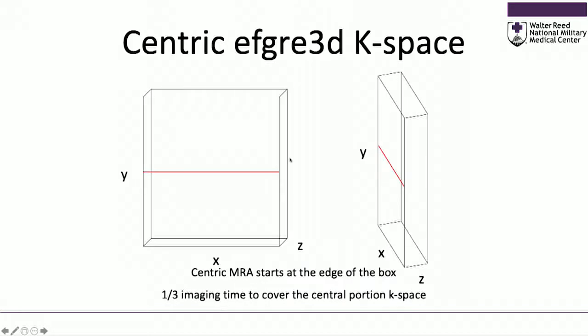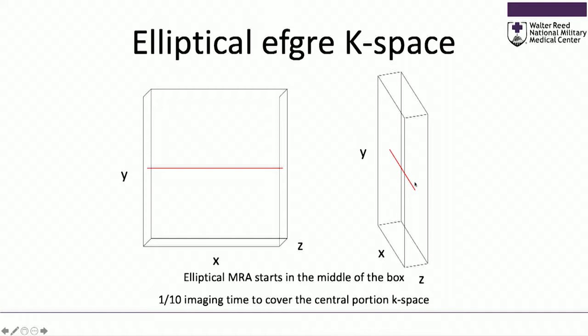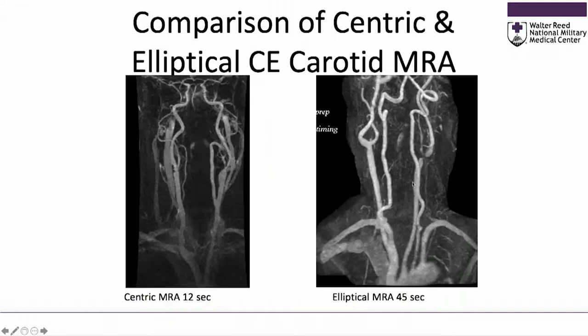So Steve Reeder introduced the idea of elliptocentric reordering. At the time, all the major manufacturers offered Centric, which started the phase encoding steps, the low phase encoding steps in the Y direction, but not in the Z direction. Steve's idea was to move everything to the center of the box, and that got us through the center of K-space much more efficiently.